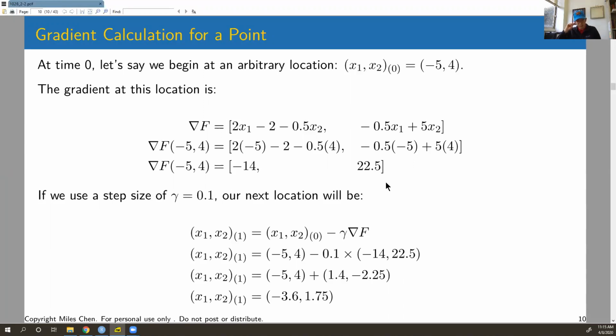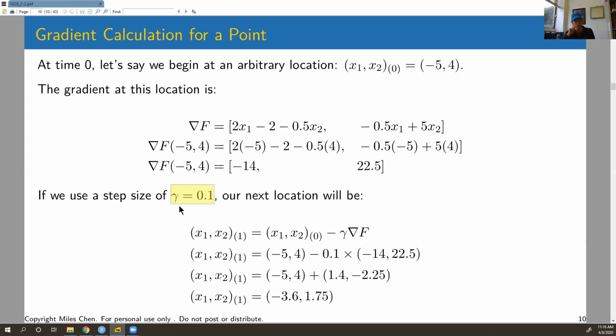To apply gradient descent, I take my current value of this vector, x1, x2, which is -5, 4. This is where we currently are, and we're going to subtract off gamma times my gradient. I have chosen gamma to be 0.1. This is an arbitrary choice.